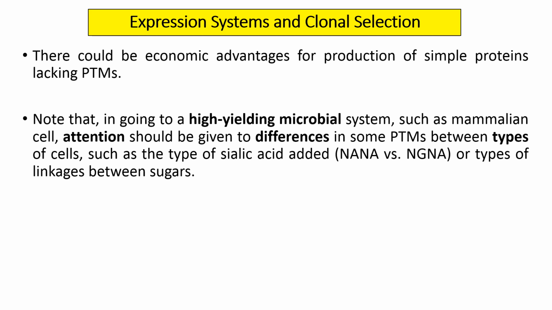But NANA is found in both human and non-human cells, while NGNA is not found in humans, and it is a hydroxylated derivative of NANA. And since it is not found in human cells, it is considered immunogenic, and attention should be paid to this kind of post-translational modification.